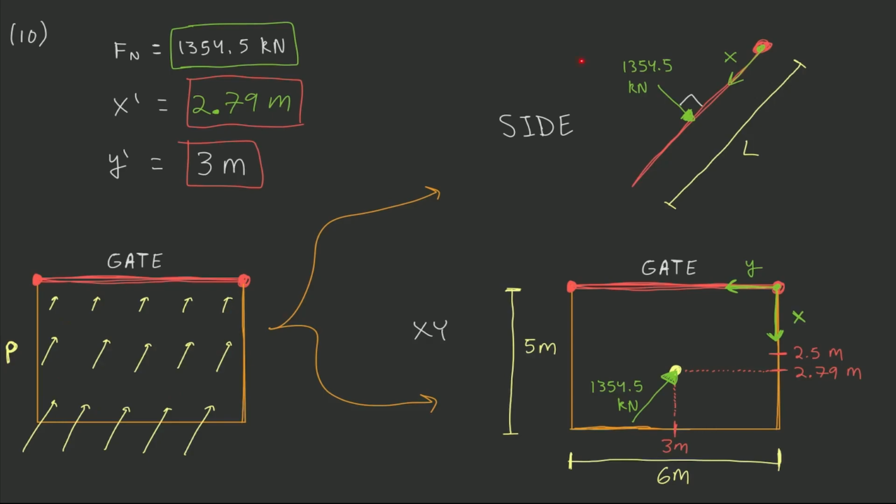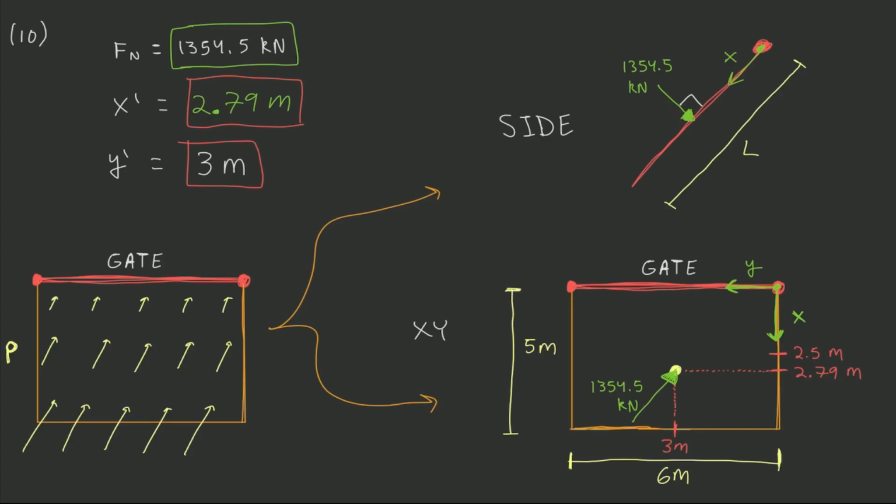Looking at the side view, we can see that 1354.5 kilonewtons is applied at 2.79 meters down from the hinge, or right below the half length of the plate, and that's because, again, more of the distribution is on the lower half of the plate than the upper half.